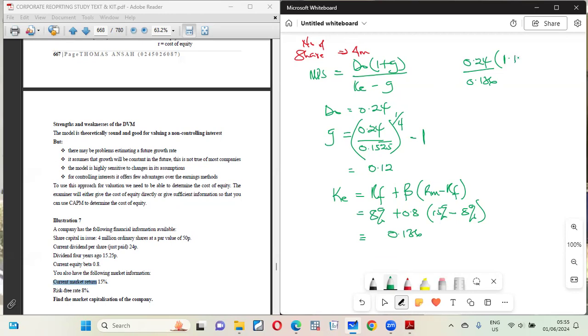So 1 plus this one will be 1.12, minus G, which is 0.12. So what is the market price per share of the company? If you do it well, you have the down part is like 0.016. I think that is what you get.